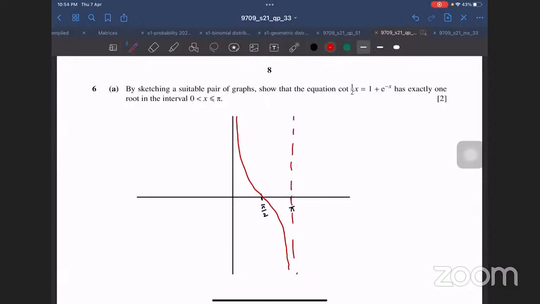For 1 plus e power minus x, the graph of e power minus x looks something like that. With 1 plus, it's going to intersect at 2 and go down like that.